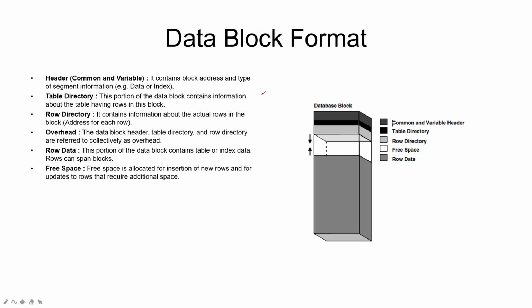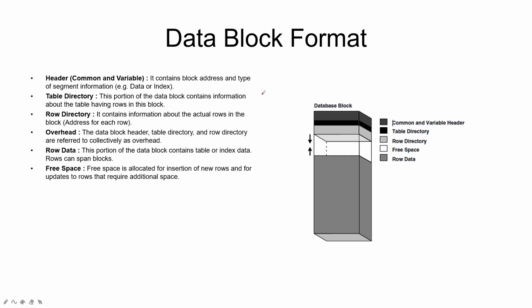So next one is the overhead. The data block overhead, the table directory and the row directory are referred to collectively as overhead. Some data block overhead is of fixed size. The total block overhead is variable. On average, the fixed and the variable portion is about 84 to 107 bytes for the overhead. Now the next one is the row data.